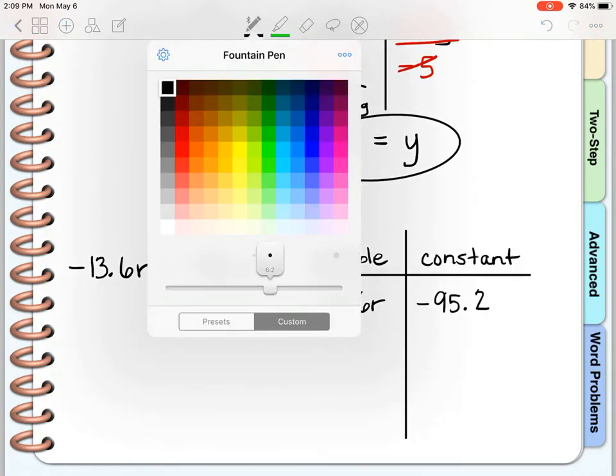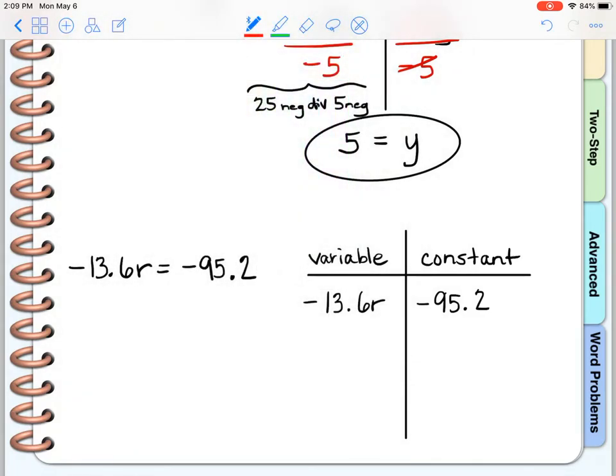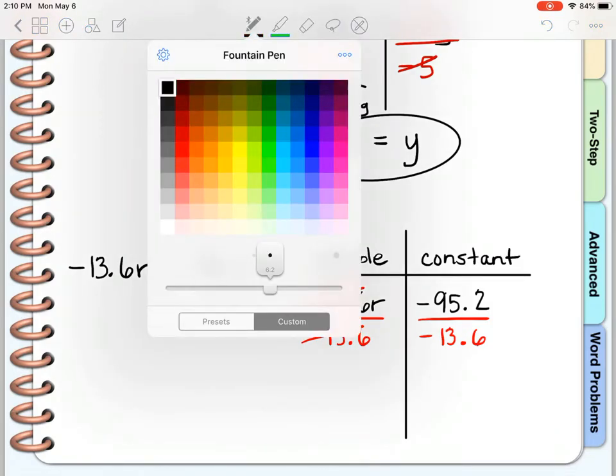So let's divide the coefficient. And remember, you take everything but the r. It's very important. You don't want to leave anything behind except the variable, because that's all that we can have on that side.